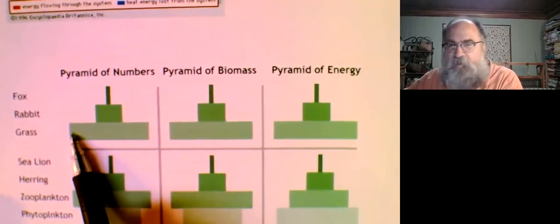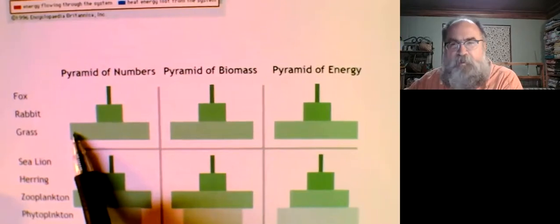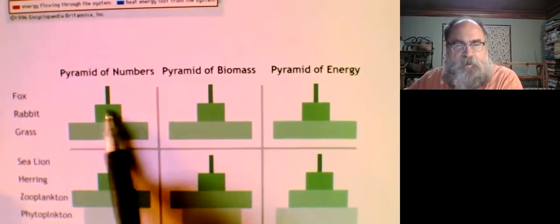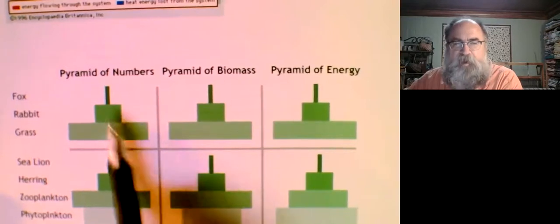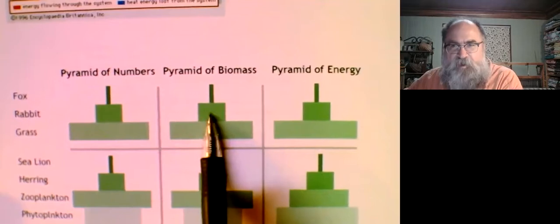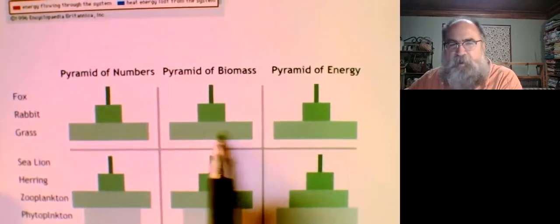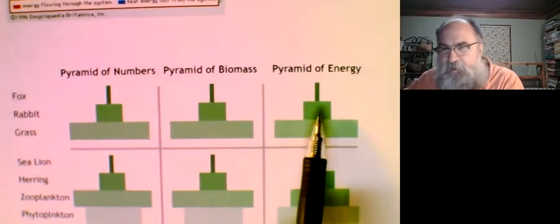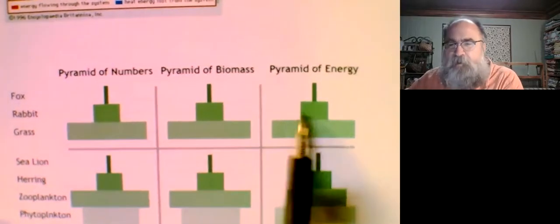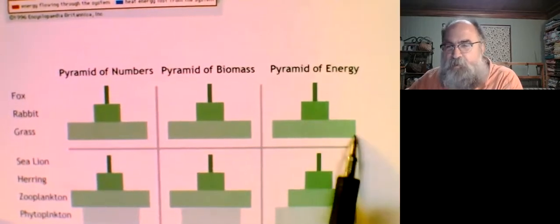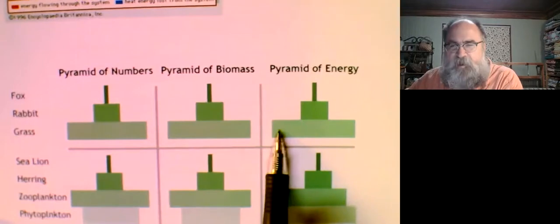Well, it's going to be far more than there are sheep, or far more than there are people. And so, rabbits, how many rabbits are there? Not that many compared to the plants. How many for biomass? You start weighing up all the rabbits, not that many compared to grass. How much energy? If you put them into a calorimeter and burnt them up, the little rabbits would throw off this amount of energy, but if you burnt all the plants, you get a huge amount.